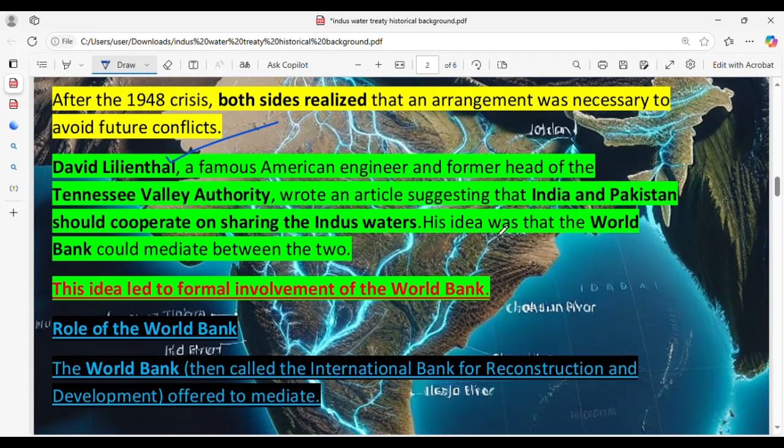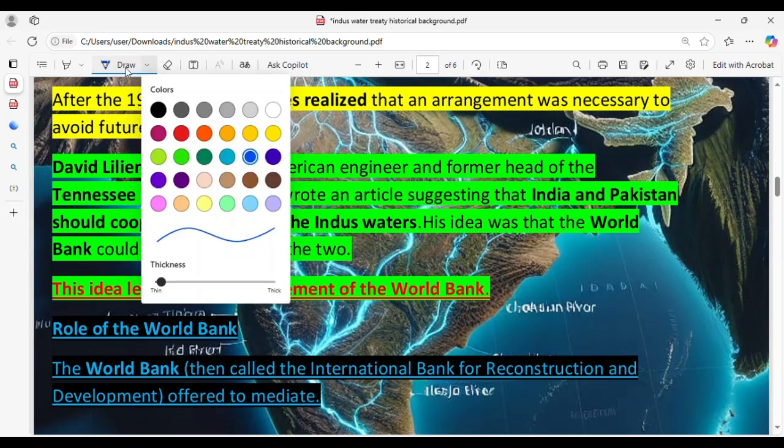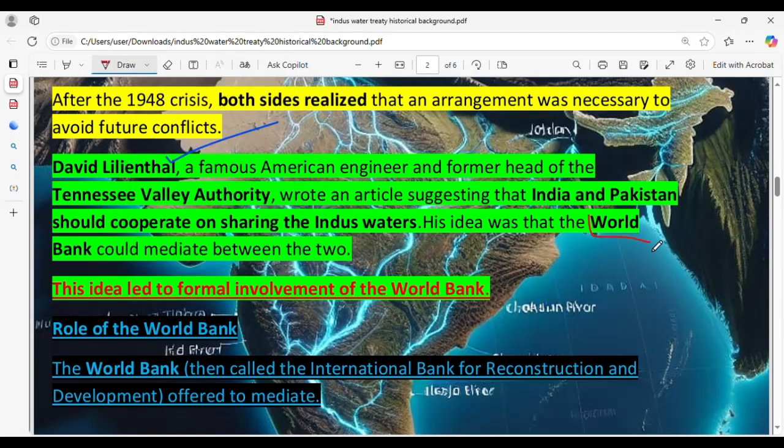This is a very important line. The World Bank could mediate between the two, because everyone knows that a treaty cannot happen between two countries without interference.